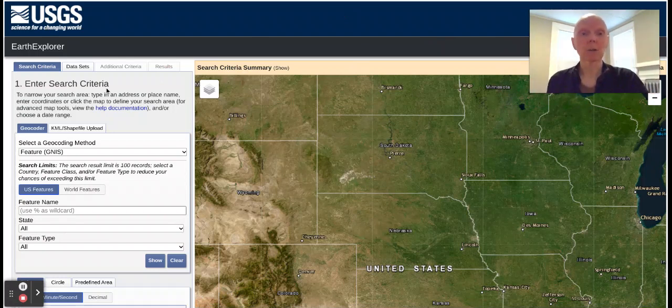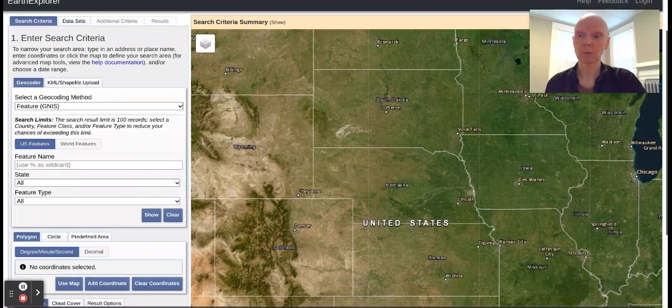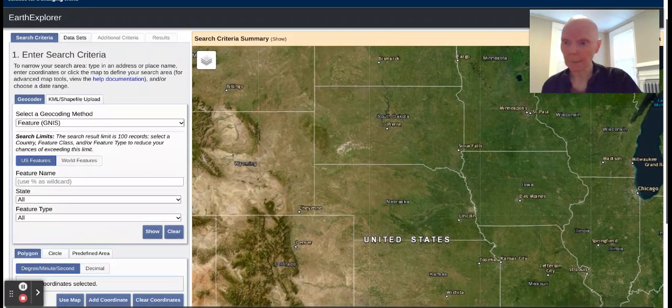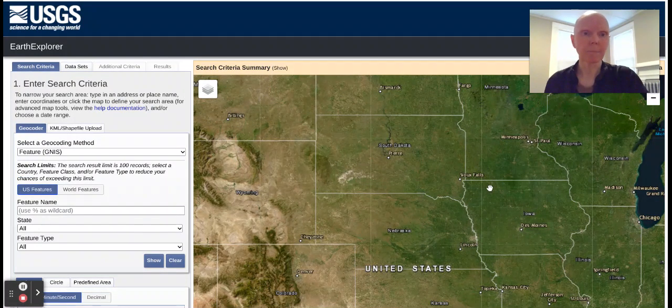And so I came across this website, and this is great. It allows me to find the latitude and longitude for any place on Earth. So the way that this works, enter search criteria. I don't know, frankly, what this stuff is. So this database is to be able to find specific landmarks, I guess, and things like that. I'm not using it for that.